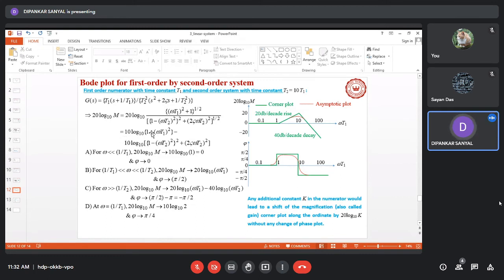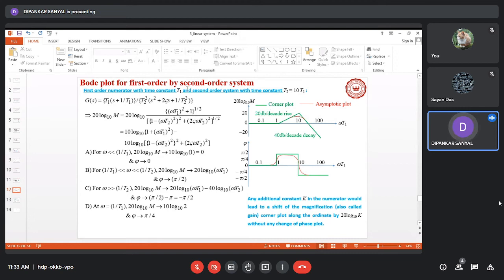So in the limit of small omega, we have this part, and since it is not associated with any negative sign, we have an initial rise at the rate of 20 dB per decade, because the numerator is of the first order. Had it been in the denominator, we would have seen a 20 dB decay, but since it is in the numerator, we see a 20 dB per decade rise.